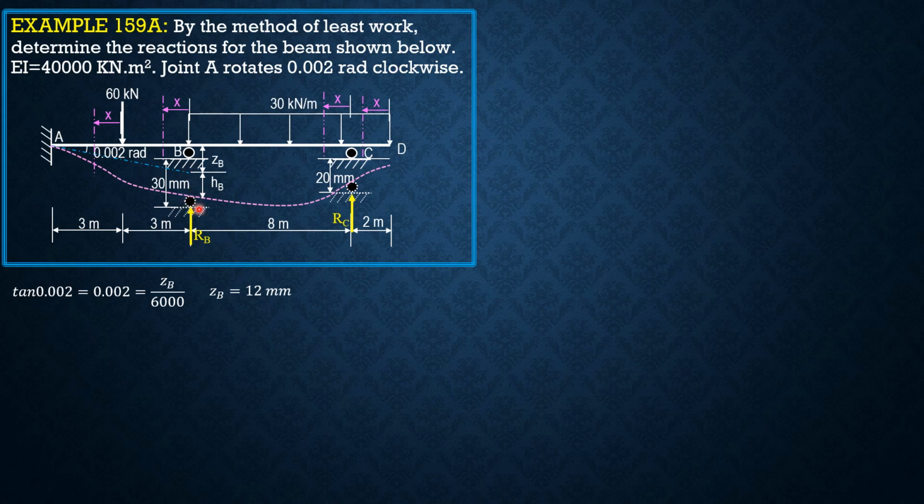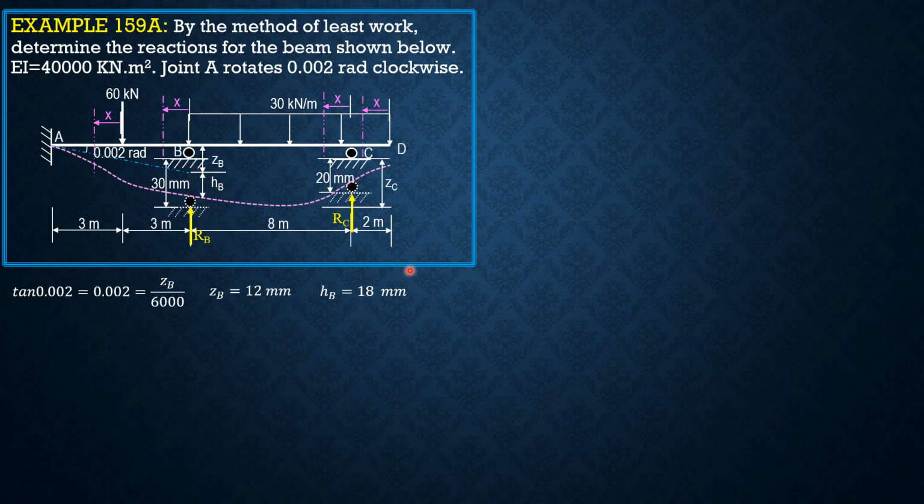Because this is the final position of the support, that means that we need to move downward in order to locate the support here by 18 mm, H sub B, and going down the displacement, R sub B is upward, therefore we treat H sub B as negative because they are opposing.